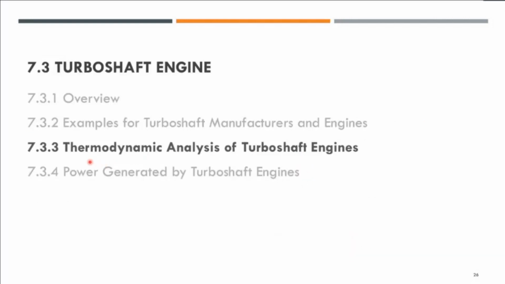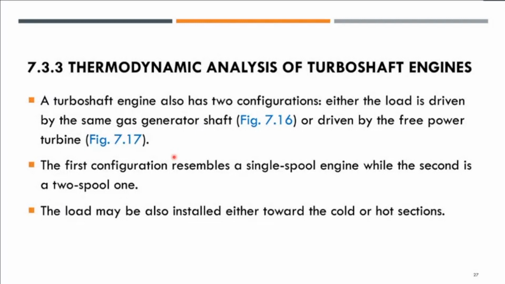We will continue to the next segment, 7.3.3, the thermodynamic analysis of the turboshaft engine. A turboshaft engine also has two configurations: either the load is driven by the same gas generator shaft, or it is driven by a free power turbine, as shown in figures 7.16 and 7.17 respectively.